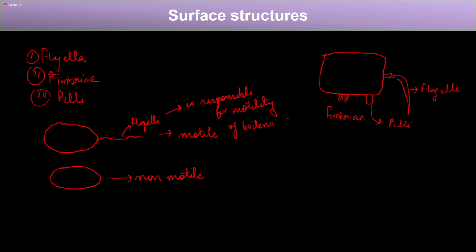Next, we will study in detail the structure of the flagella. If you see a bacterium, the flagella will look something like this. But if you cut it or dissect it and see it under the microscope, its structure will look something like this.